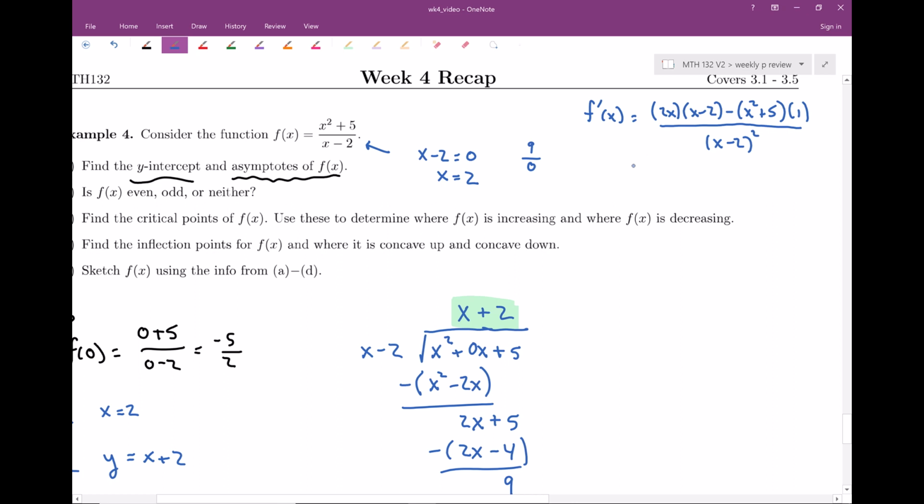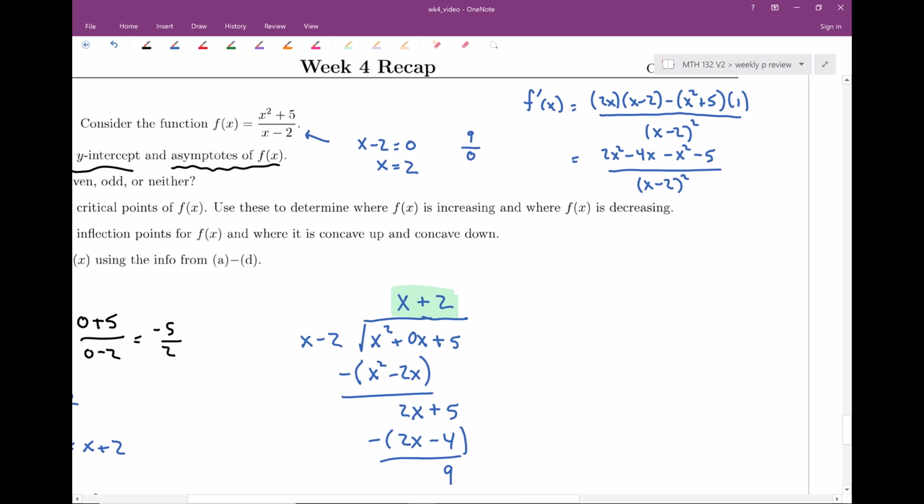And let's simplify. So 2x squared minus 4x minus x squared minus 5 in the numerator. In the denominator, I'll just leave this as x minus 2 quantity squared. We do get a little bit of cancellation, a little bit of simplification here.